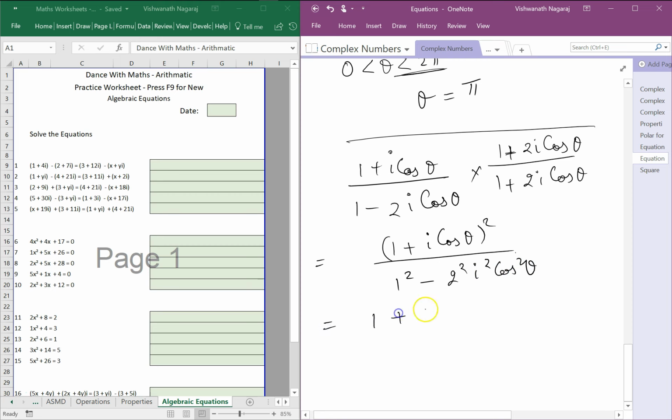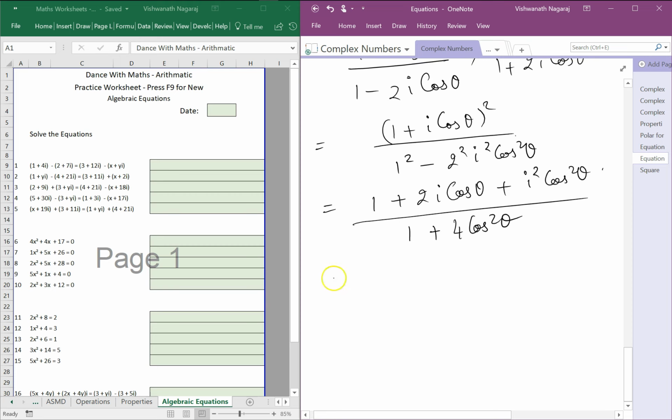This becomes 1 plus 2i cosθ plus i square cos²θ, divided by 1 minus, because of this i square, plus 4cos²θ, right? In the numerator, this becomes 1 plus 2i cosθ, and because of i square, minus cos²θ, divided by 1 plus 4cos²θ.